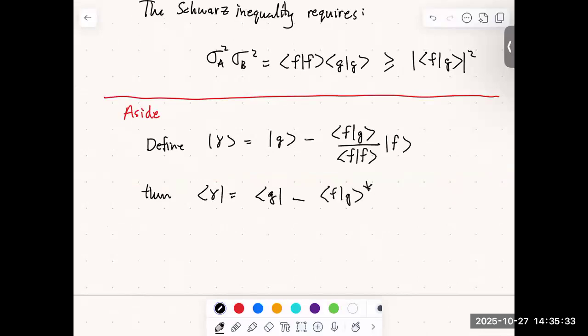This is just a number, so a number doesn't have a transpose, it just has a complex conjugate. But the inner product of f with itself is going to be a real number, right? Because it's going to be f conjugate times f, which is just the absolute square of f. So that's real. So it's just f inner product with f. And then we have f transpose and conjugate.